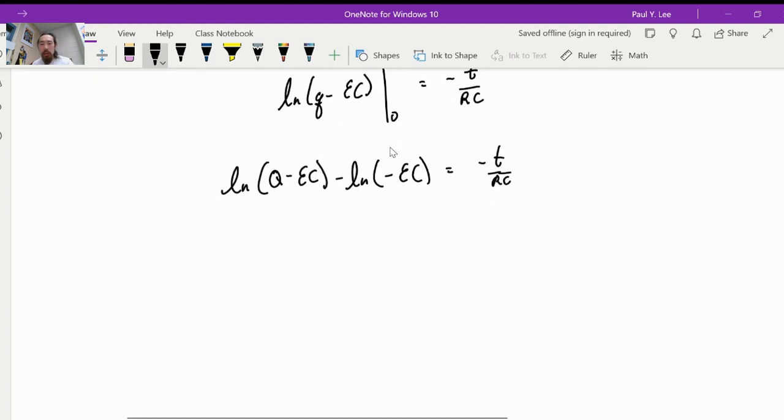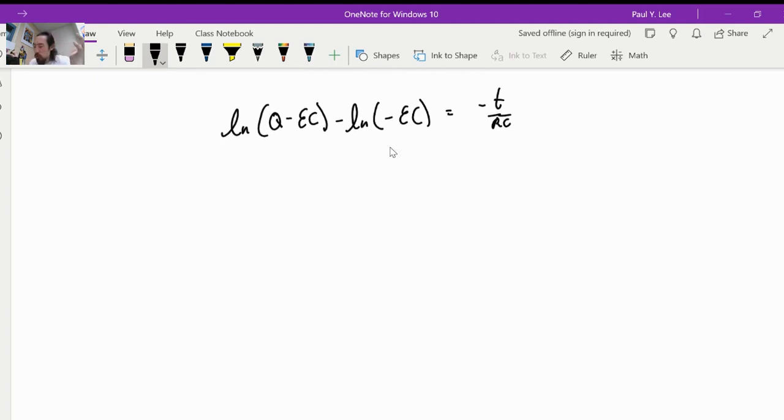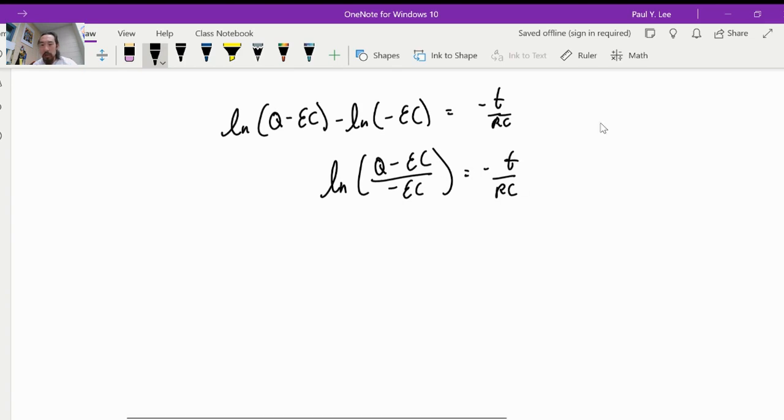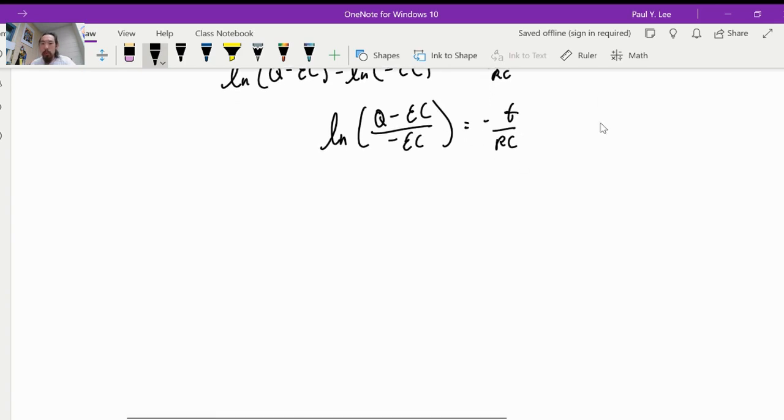Now here's where the rules of natural logs come into play. If you have two natural logs and you're subtracting them, what you're actually doing is dividing the two. So we get natural log of capital Q minus epsilon C over negative epsilon C, equal to negative t over RC. Keep your rules in check, and it keeps your math in check here as well.